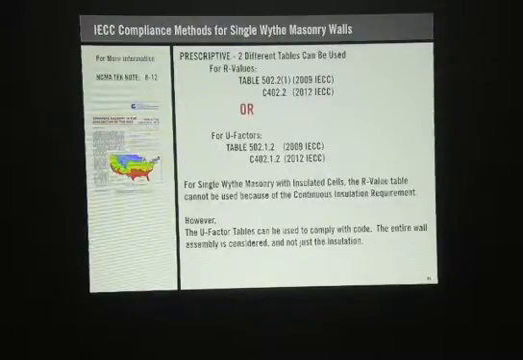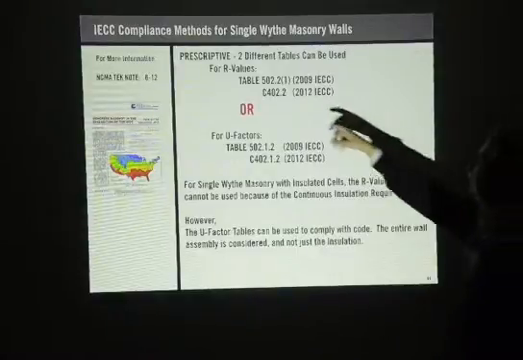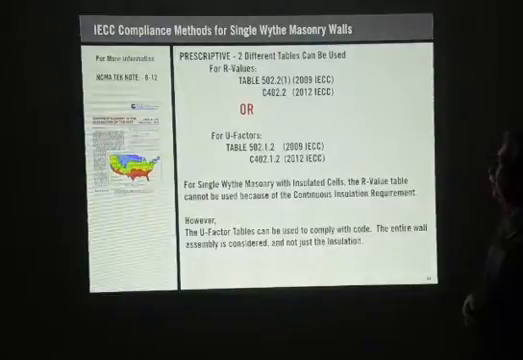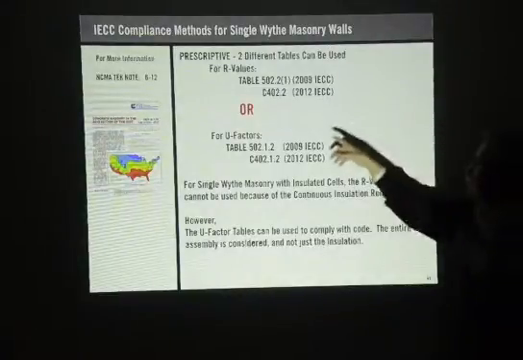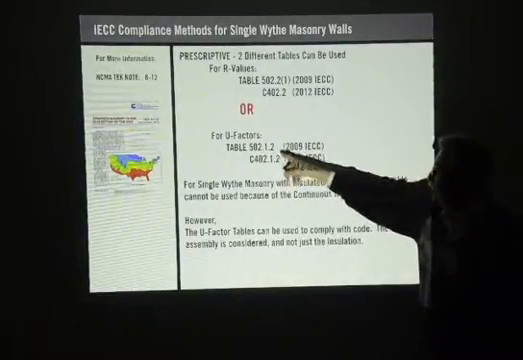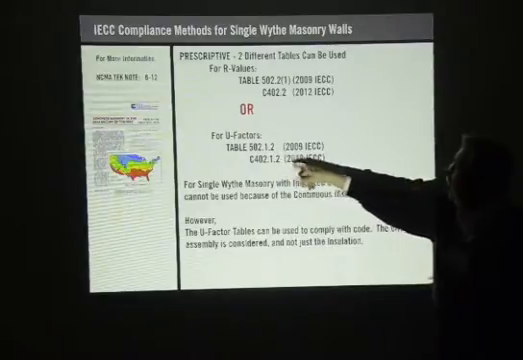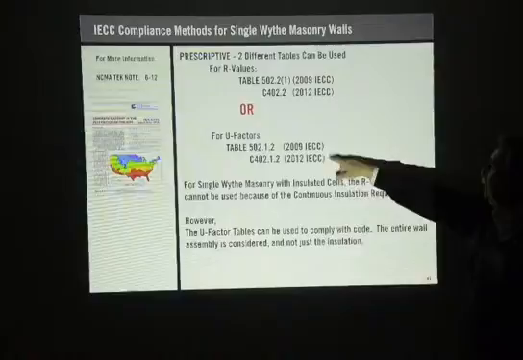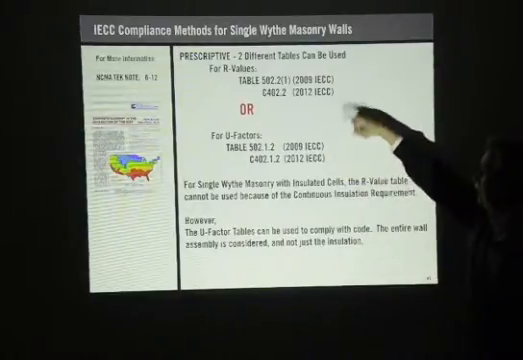For the prescriptive, there are a couple of different tables based upon sections of the IECC, C402 and C502 for R values. There are also U factors, 402.12 and 502.12. So a little bit different, but the years are consistent with each other.